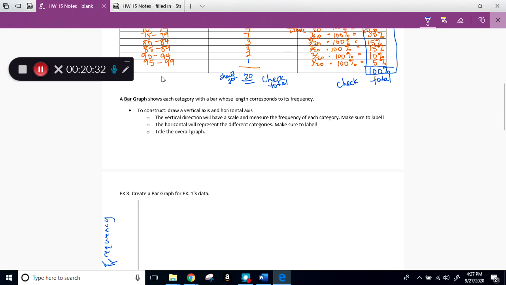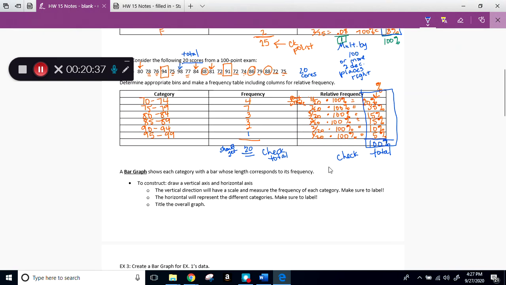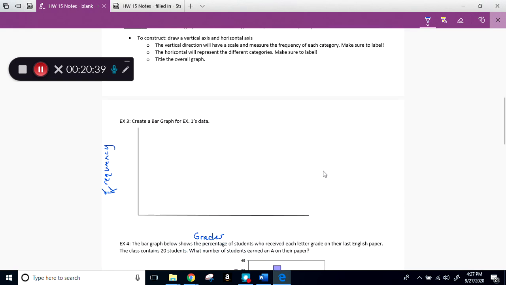And then along the bottom here, we've got our grades: A, B, C, D, F. And we're going to have to title that, so we'll do that in a minute. So frequency. Here is where this is always going to be 0.